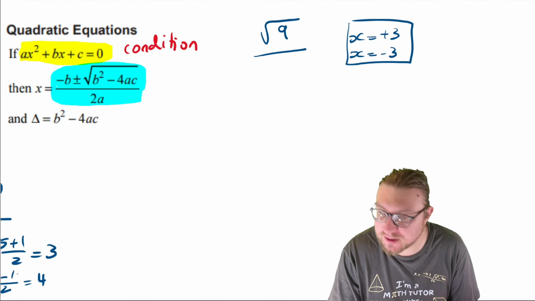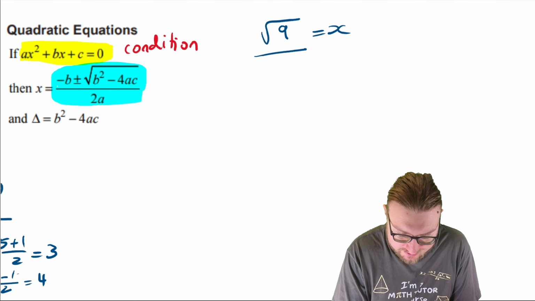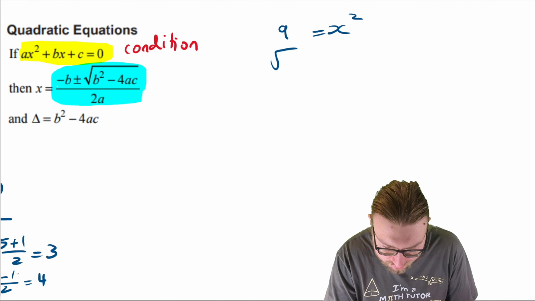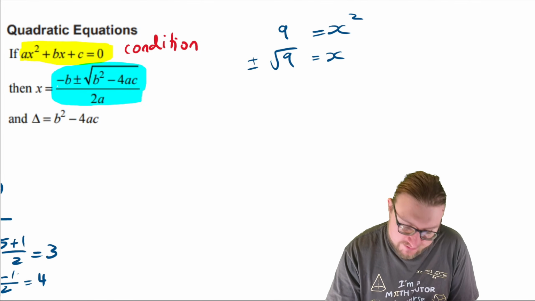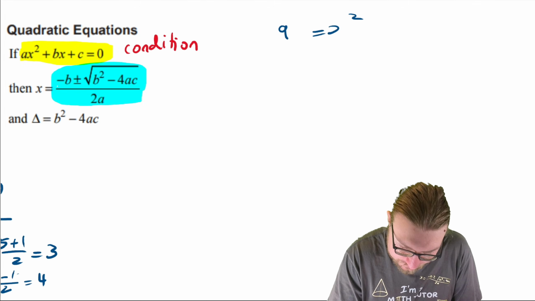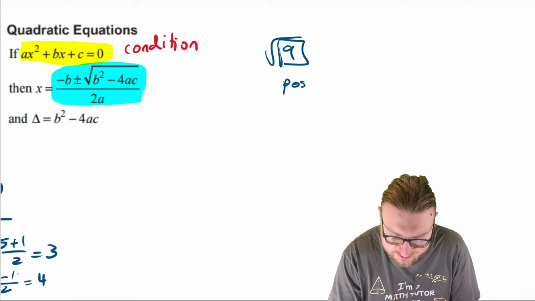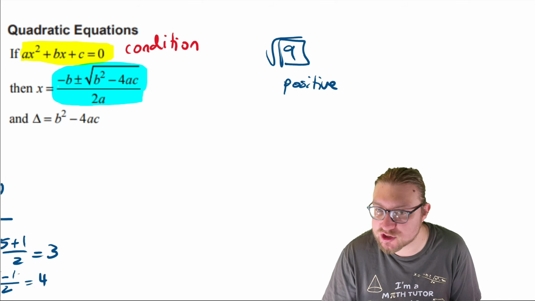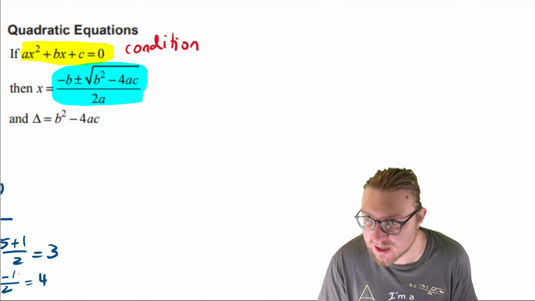This part where we have plus or minus 3 is only when we have something like x squared is equal to 9. So here we would take the square root on both sides. We have x is the square root of 9. Here we need a positive and a negative. But by itself, that square root, the number under it has to be a positive number for you guys. Otherwise there's no solution for this equation. We cannot solve this square root.